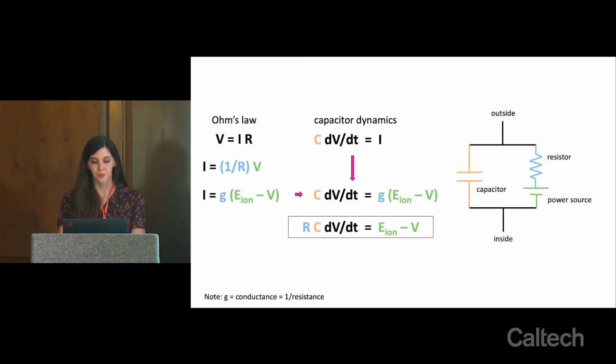So to do this, what we're going to do is make a couple substitutions and simplifications. We'll take Ohm's law V equals IR and convert it to be something in terms of current, just by dividing both sides by the resistance. And we're now going to make a pair of simplifications. We're going to replace resistance with conductance, which is just 1 divided by the resistance. So instead of saying how much resistance there is to an ion flowing through a channel, you're saying how readily that channel conducts ions into the cell.